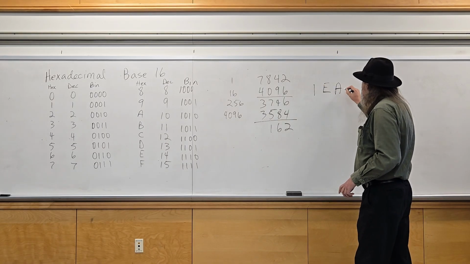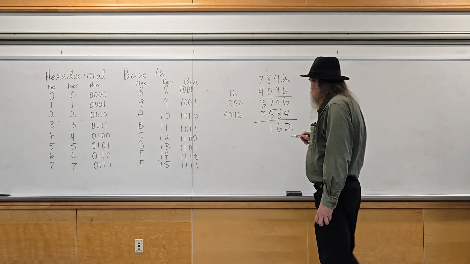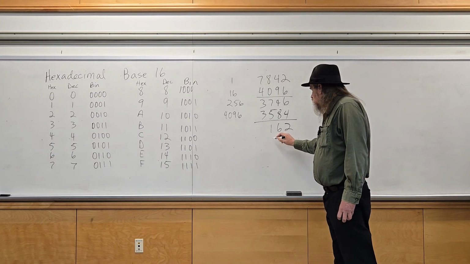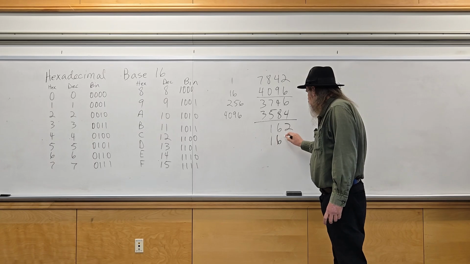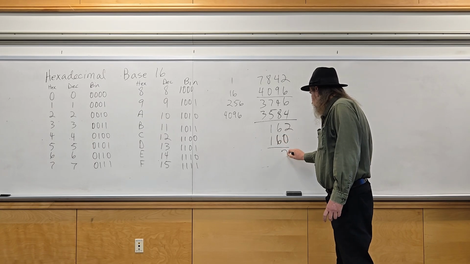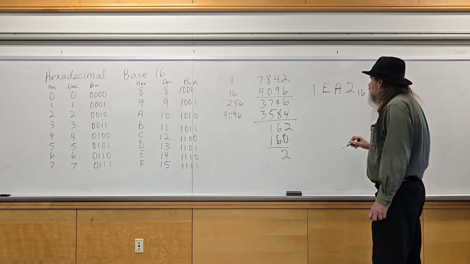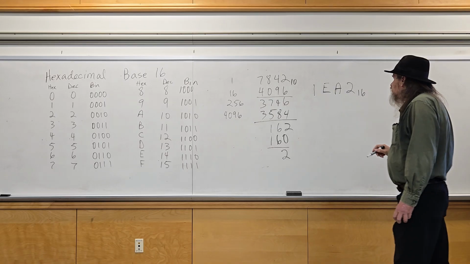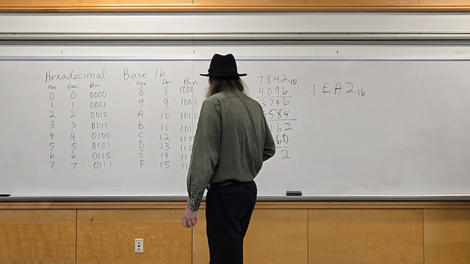So that's A, because 10 is A. And then you deduct that. Leaves 2 ones. So your result is 1EA2.